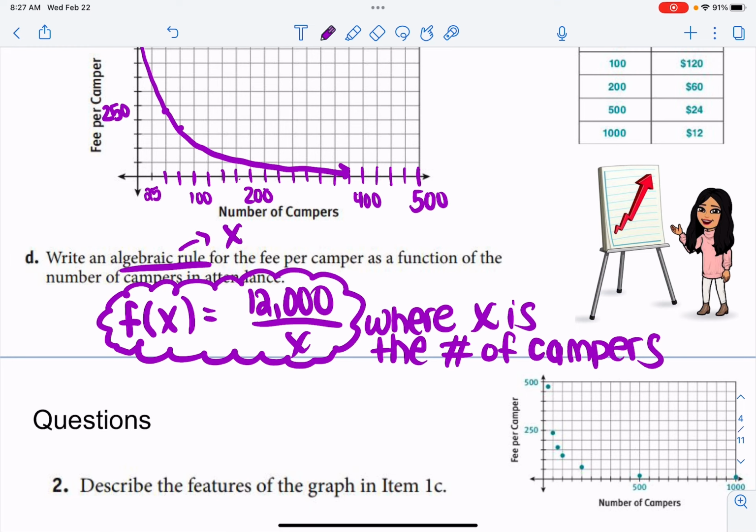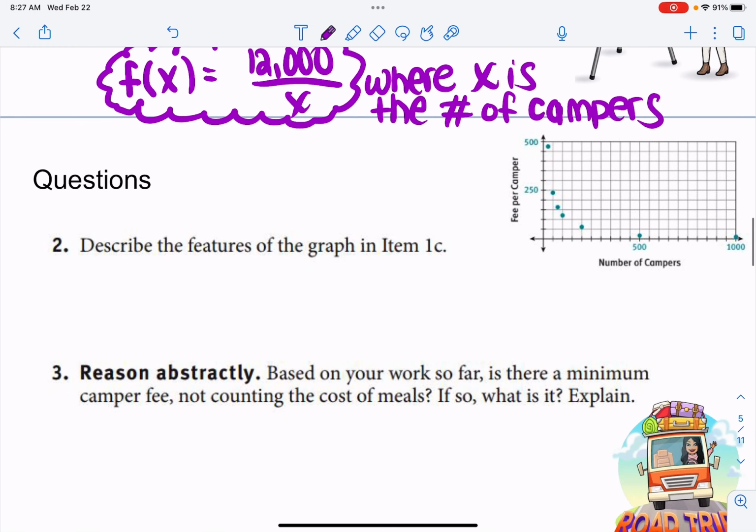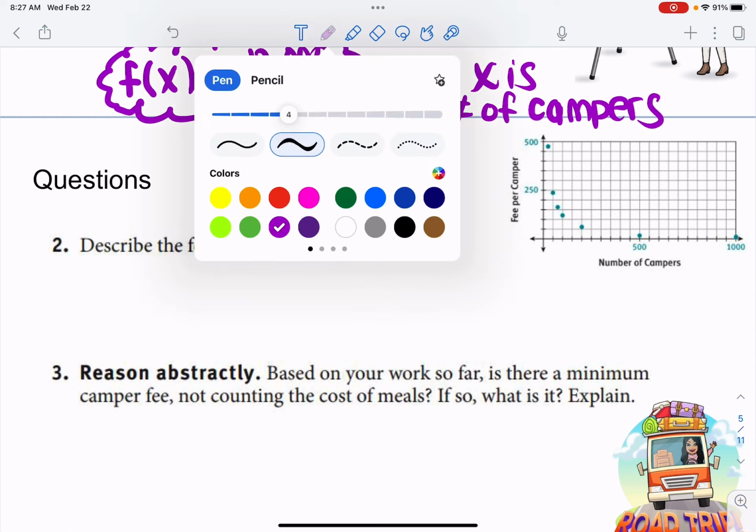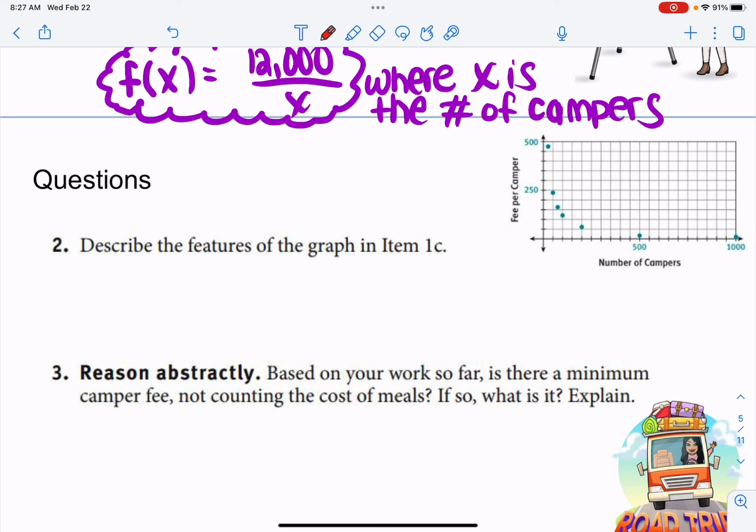Just before we move on to the actual function itself, it says describe the feature of the graph in context. When I'm talking about describing, I'm talking about, one, whether or not it's discrete or continuous, and in this case it's going to be discrete because you can't have a decimal amount of campers. You can't connect the dots, that would not be a good representation.